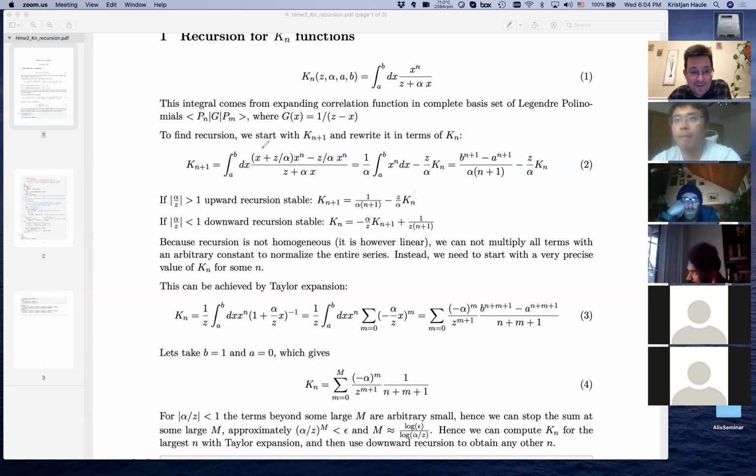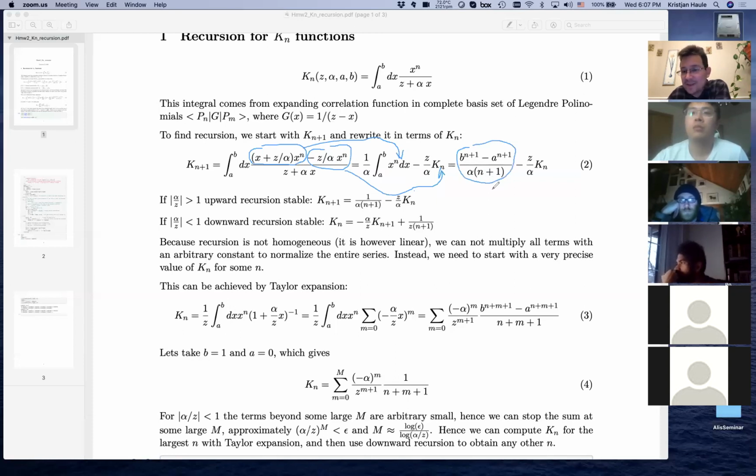So once more, we write this part and this becomes this. Then this part here, we realize that it's just k_n with a prefactor z over alpha. Clear? Basically this is all we need. Then this integral of x to the n is something that we learned in high school how to do: b to the n plus 1 minus a to the n plus 1, divided by n plus 1.